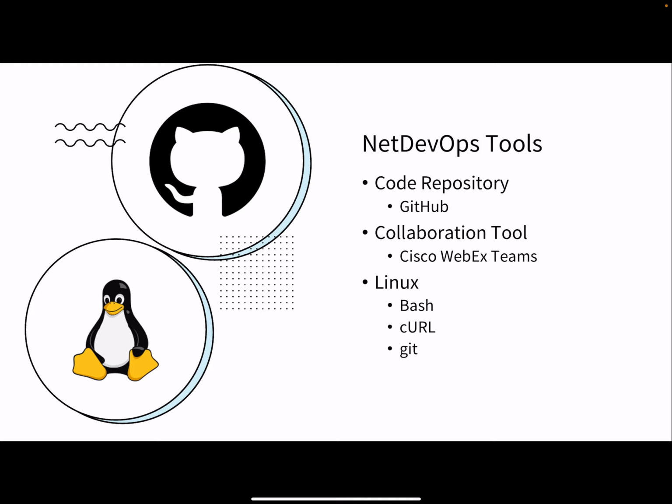Linux is definitely the operating system that DevOps really works with, because some of the tools are only built for Linux. We've got the ability to do bash scripting and use bash to look through files and automate the creation of files. Curl is another Linux command line application, which allows us to test APIs from the command line.